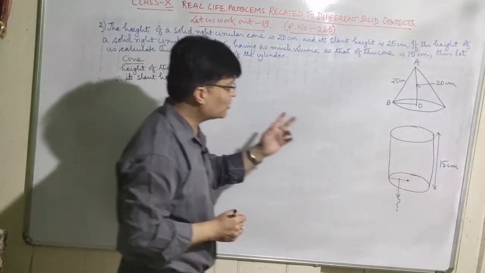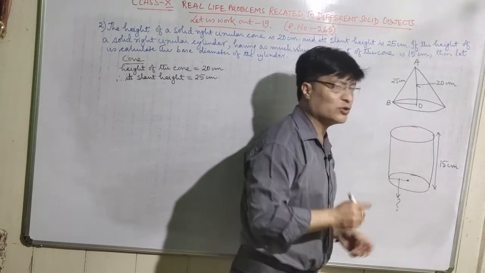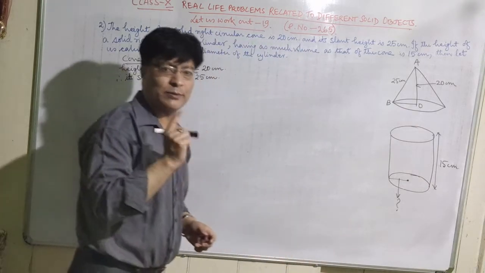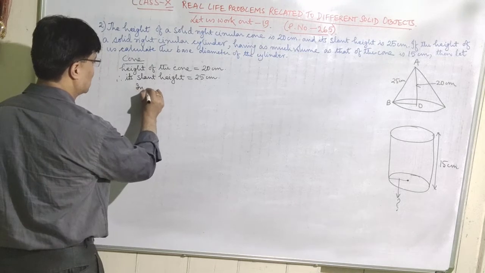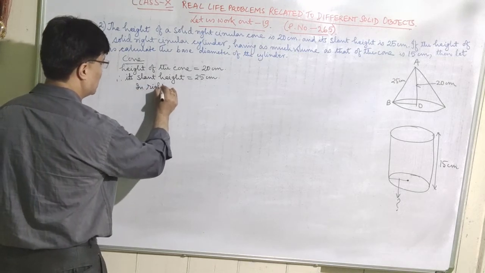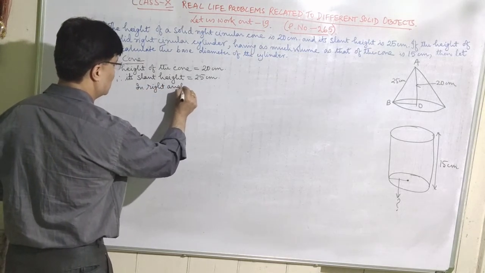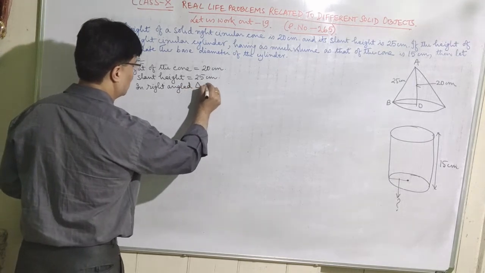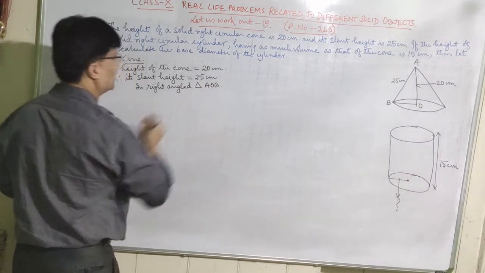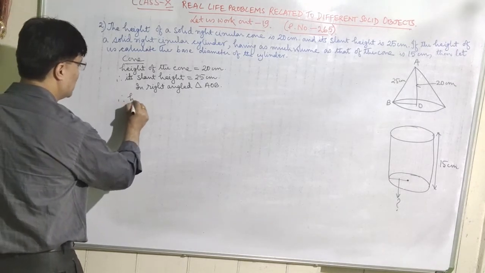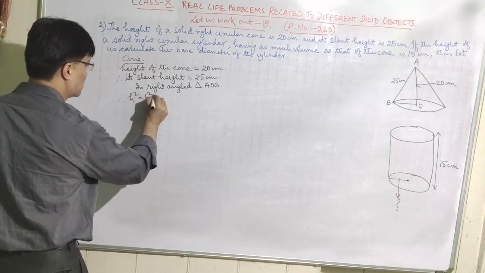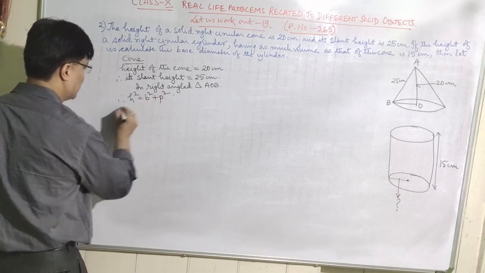So using Pythagoras theorem, you can find out the radius of the base of the cone. Now let us write here: in right angled triangle AOB, we know Pythagoras theorem, that is hypotenuse square is equal to b square plus p square.